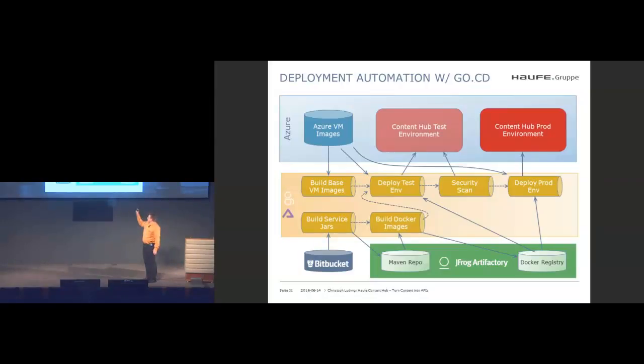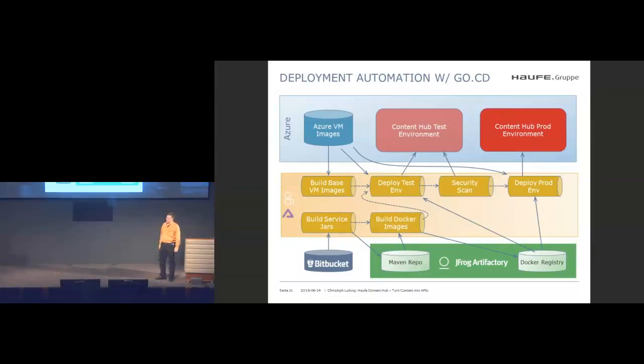So what we then can do is the code is kept in Bitbucket repositories. Whenever there's a change, we can automatically build our services. Here it's shown as a Docker and a Go pipeline. Right now it's still in Jenkins, but it doesn't really matter because we can access Jenkins from Go, or we could migrate it at some point, whatever.